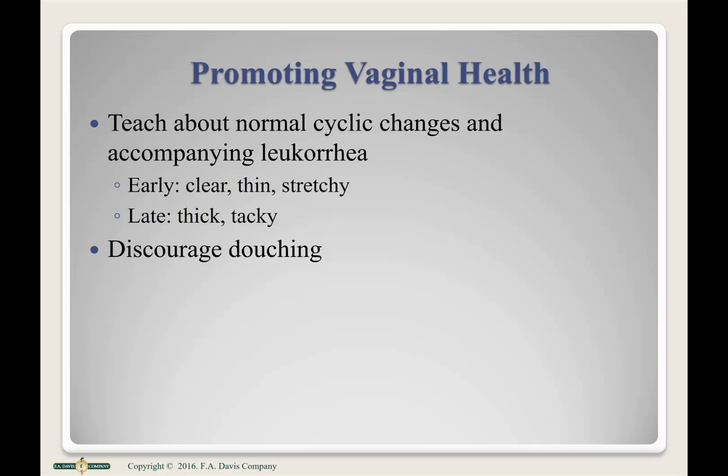So early and late. Early means in the first half of the menstrual cycle. Okay, the vaginal discharge should be clear, thin, and stretchy, because of the effects of estrogen. In the late part of the cycle, or the last half of the cycle, it should be thick and tacky, from the effects of progesterone. Now, if the discharge is different than those expectations, then we want to tell our patient that she needs to come and get checked.